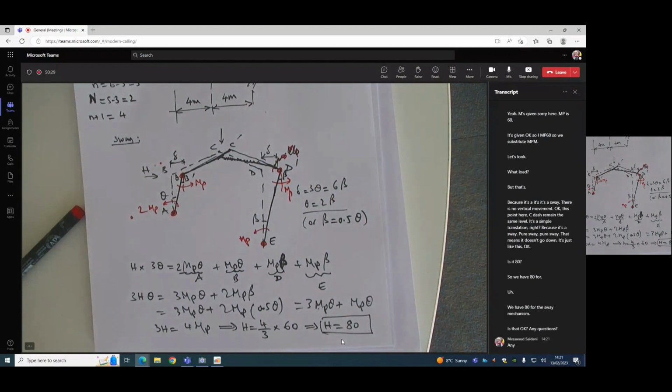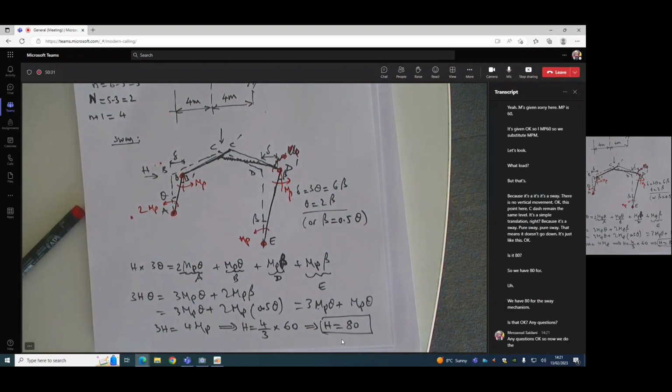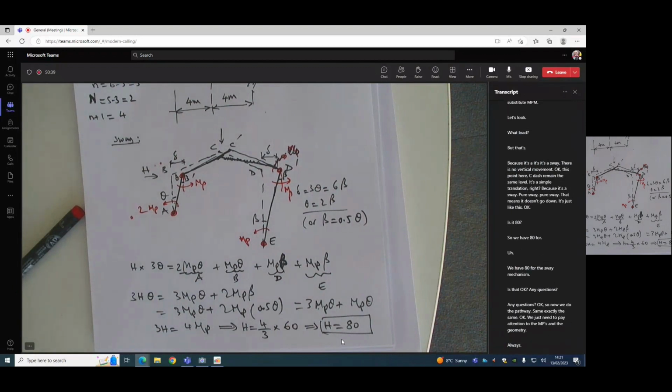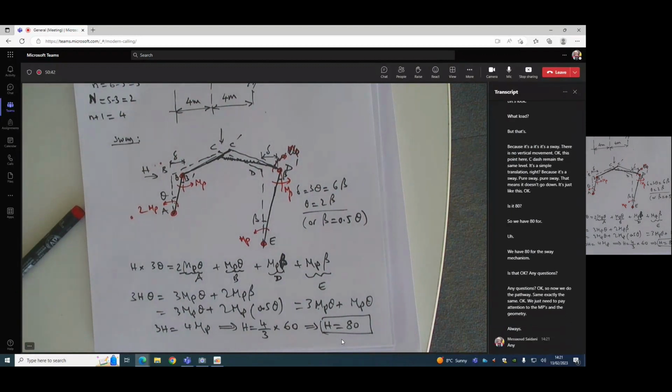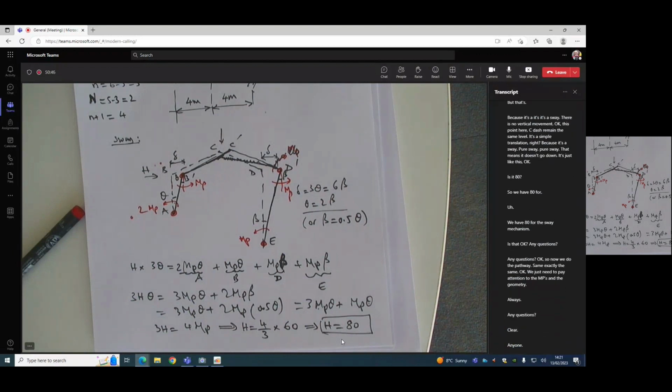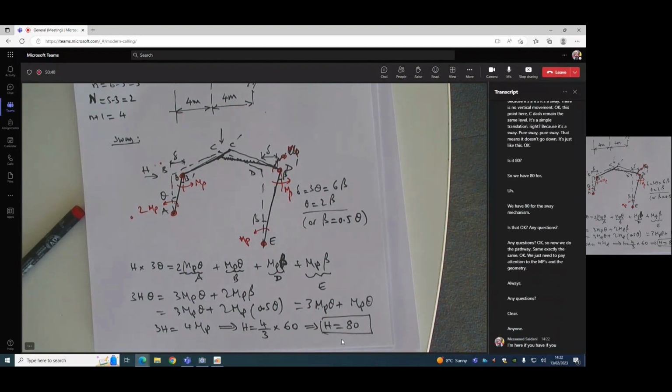Any questions? Okay. So now we do the pathway. Same, exactly the same. You just need to pay attention to the MPs and the geometry. Always. Any questions? Clear? Anyone? I'm here. If you have anything not clear, please let me know.